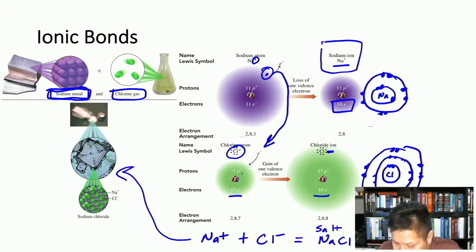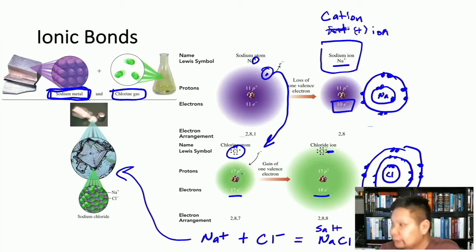This is called a cation, or a positively charged ion.